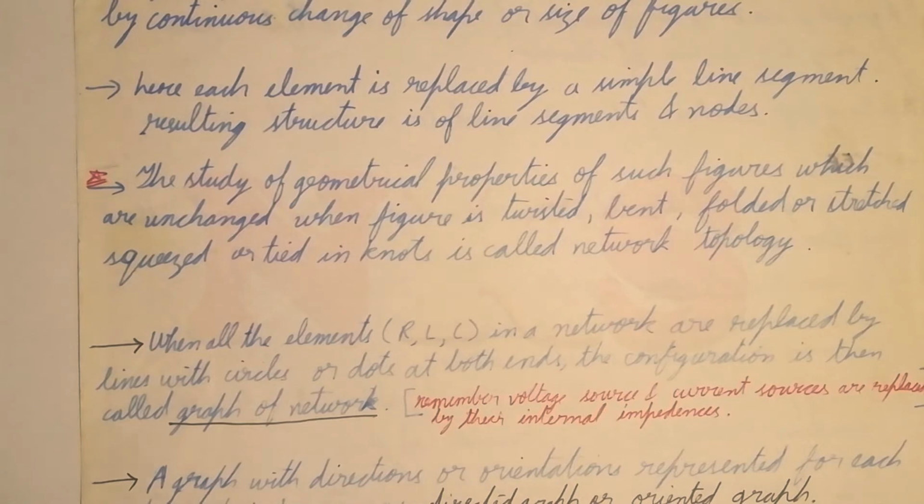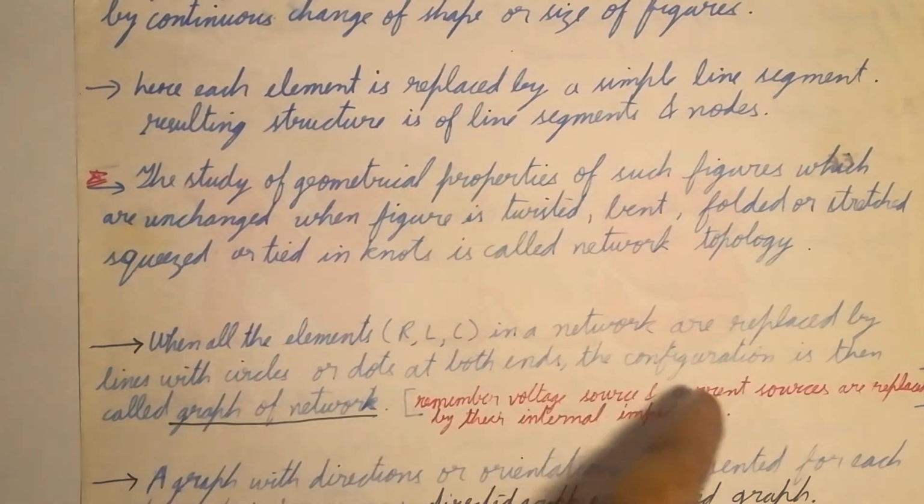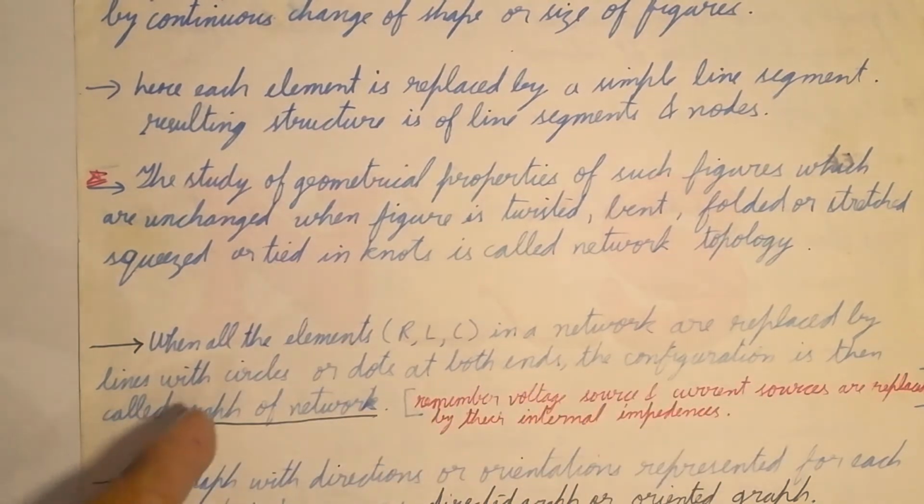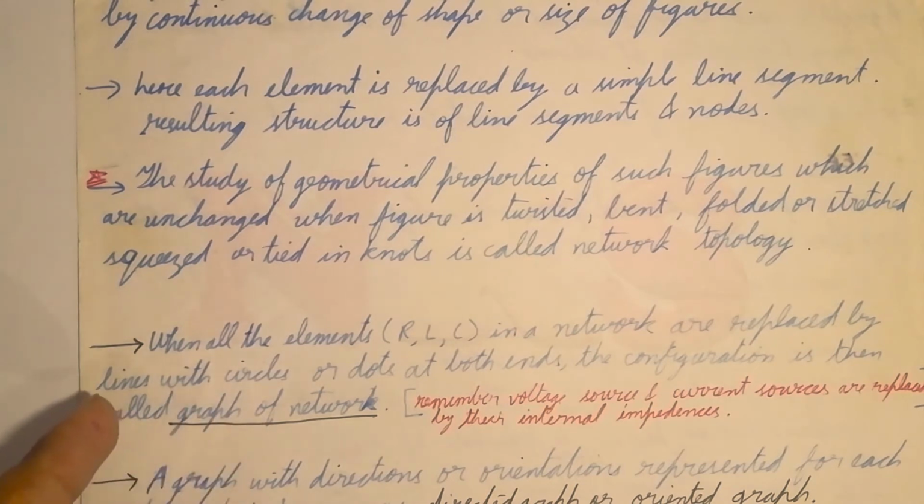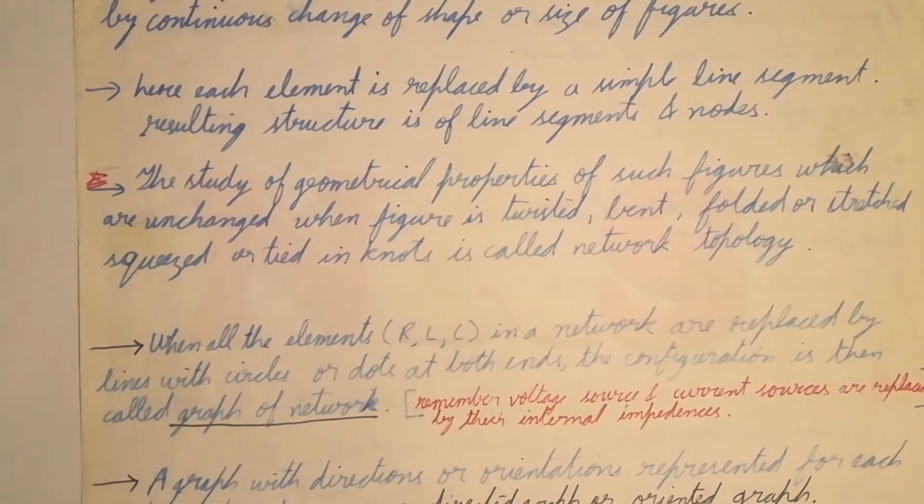Now in our electric circuits, what we have to take care of is how you can draw a graph of a network. What is a graph of a network? When all the elements R, L, C in a network are replaced by lines, with circles or dots at both ends, the configuration is called a graph of the network.